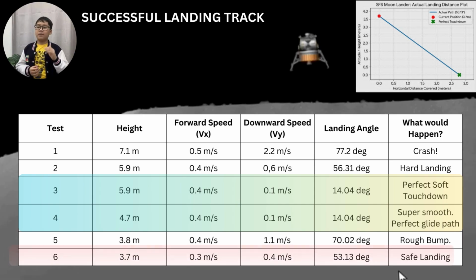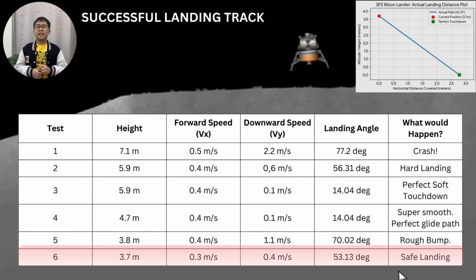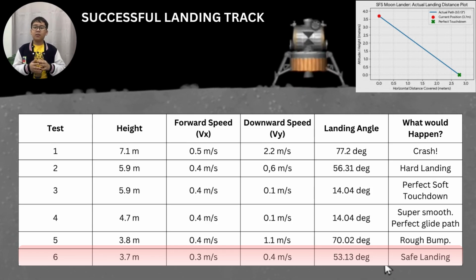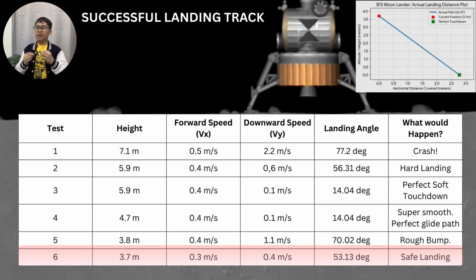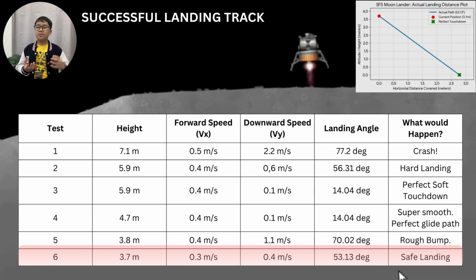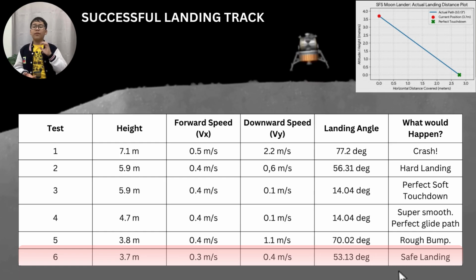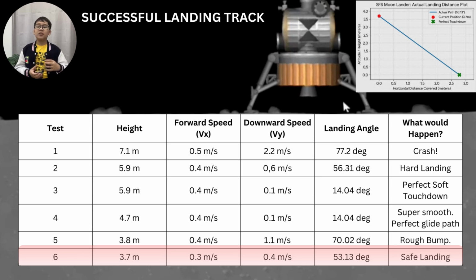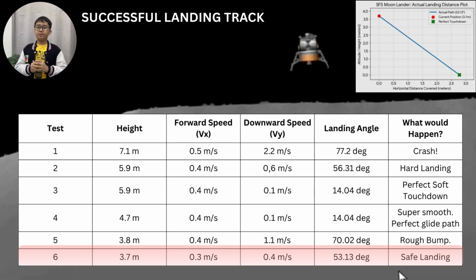At 3.7 meters high, our landing angle was 53 degrees instead of a perfect 90-degree angle, but we still landed perfectly. Why? Because our total combined speed was only 0.5 meters per second, meaning that structural impact was perfectly safe.